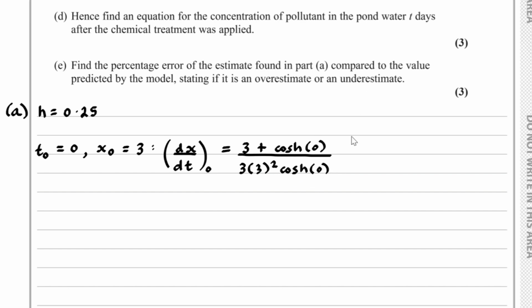Remember, cosh of 0 is just 1, minus 3 lots of tanh of 0 over 3. And it turns out we get 4 over 27.